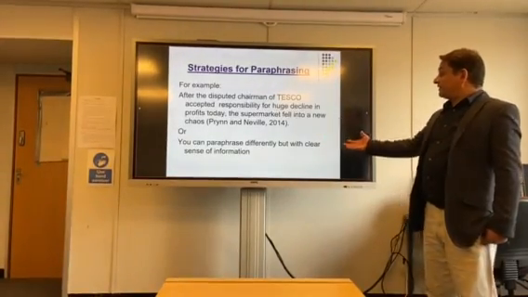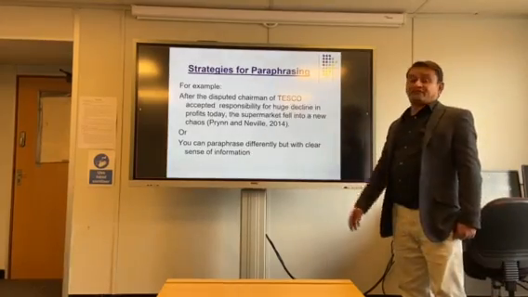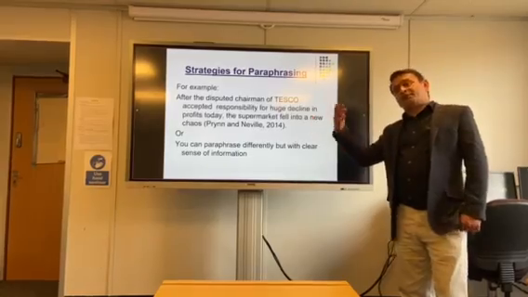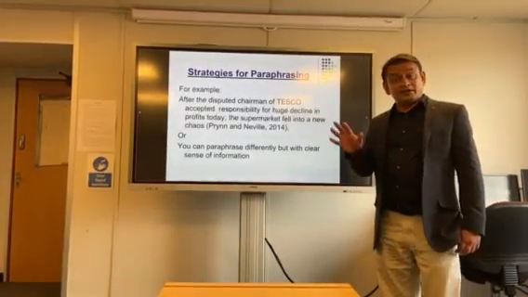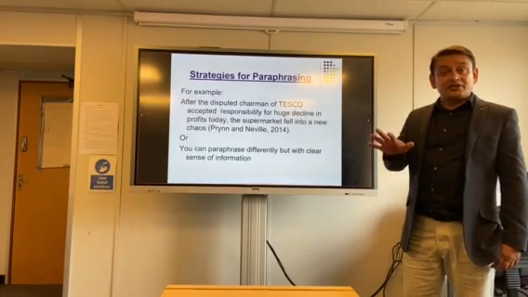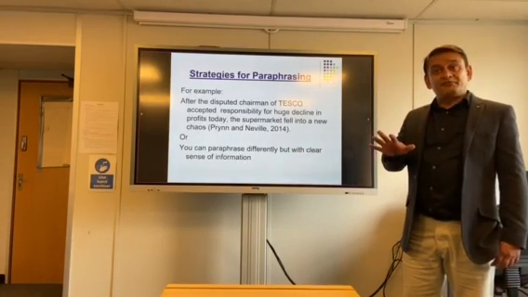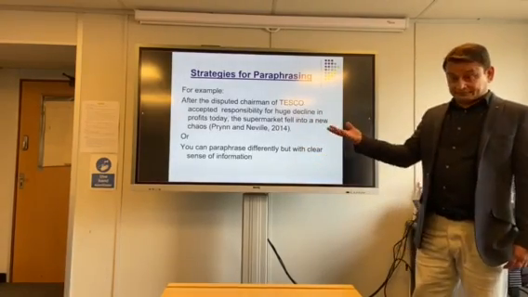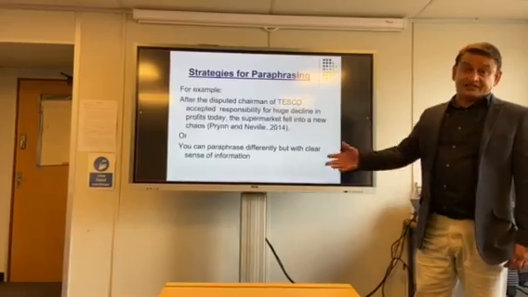So you can paraphrase differently, but with a clear sense of information. This is not the last one. You may say this information in your own way, but this is just an example for your understanding. Whenever you paraphrase, please make sure the meaning and clarity are there.